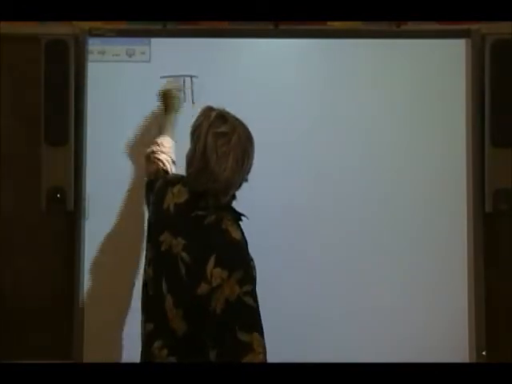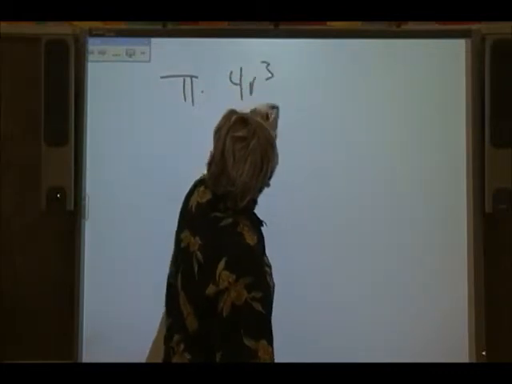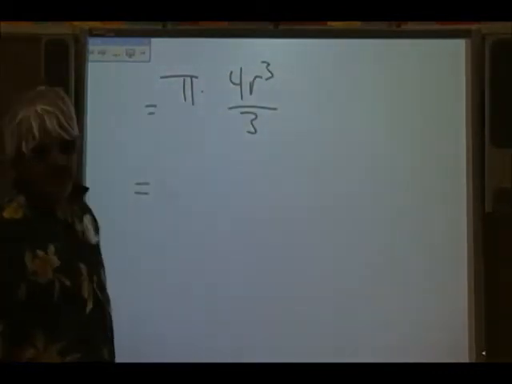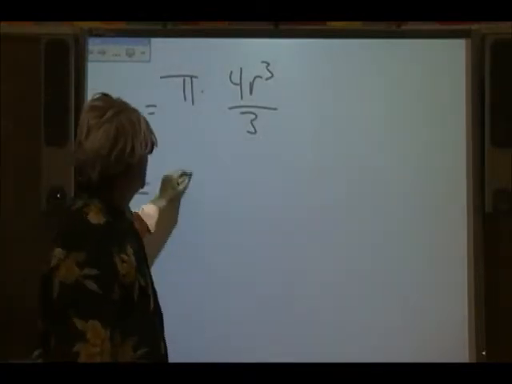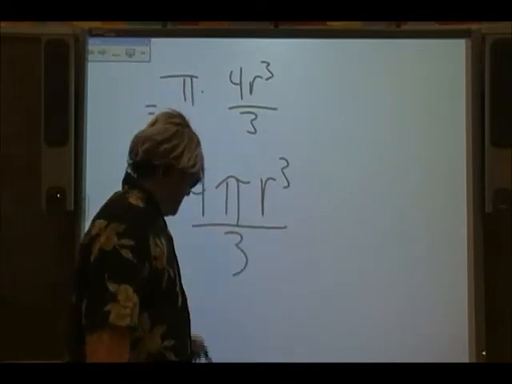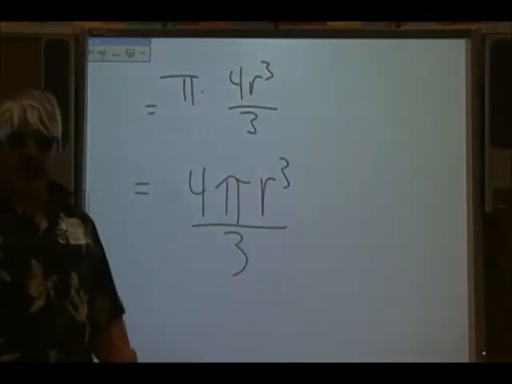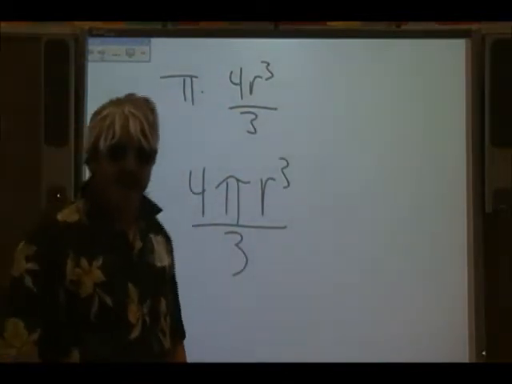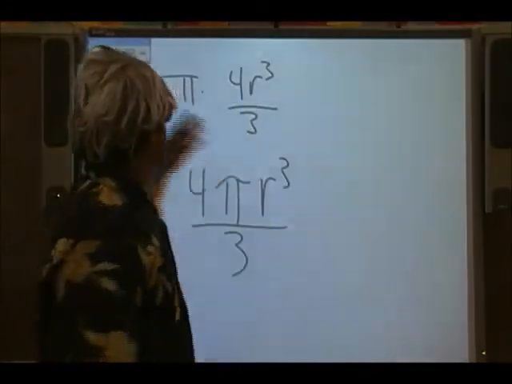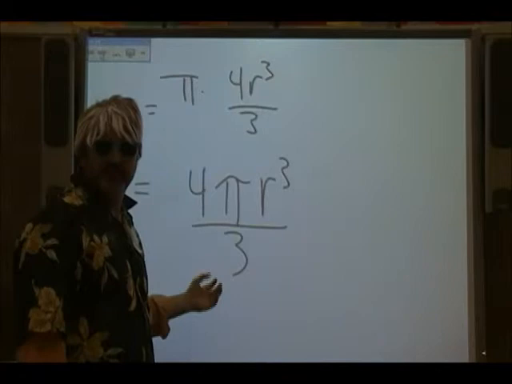So we have pi times 4 r cubed over 3. And then for the final, just arrange it. The 4 comes in front: 4 pi r cubed over 3. I'm exhausted trying to prove this.